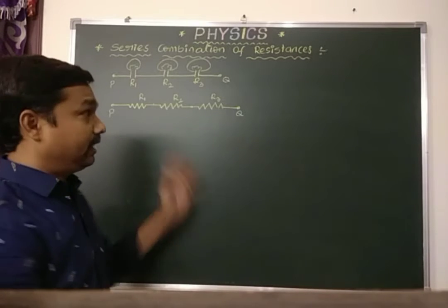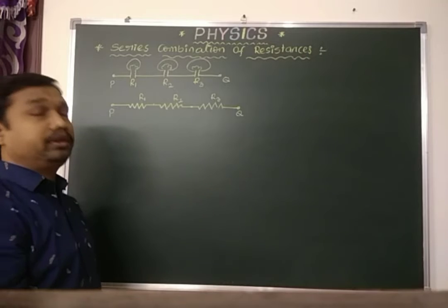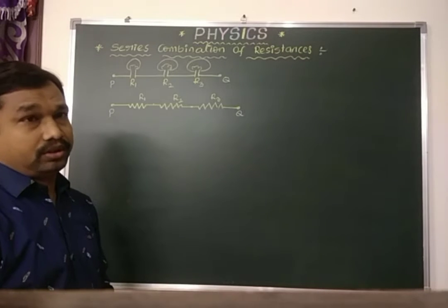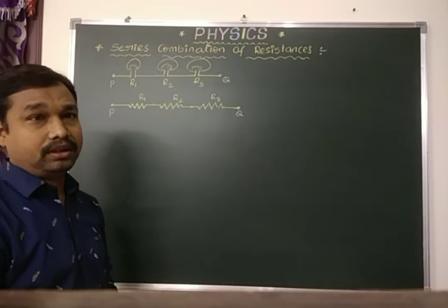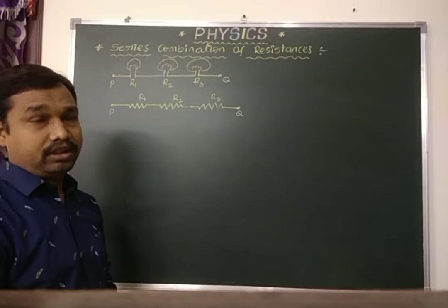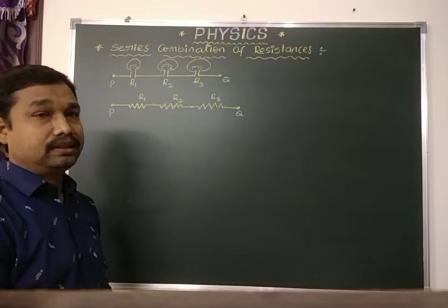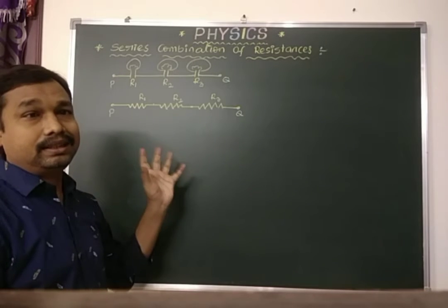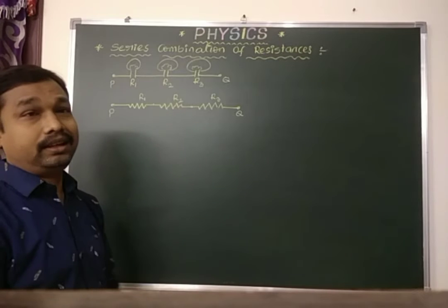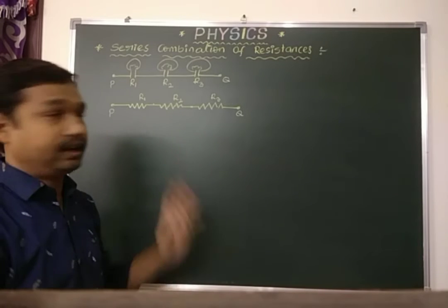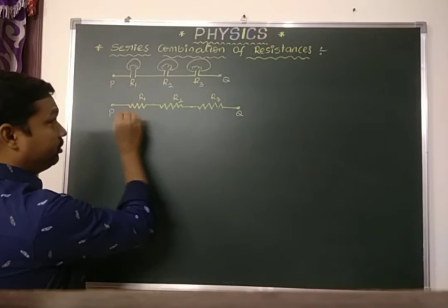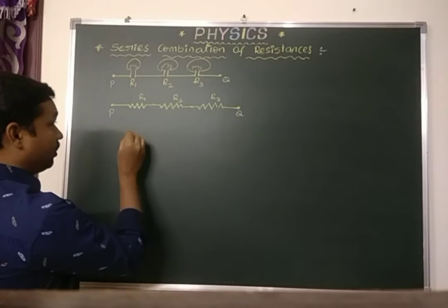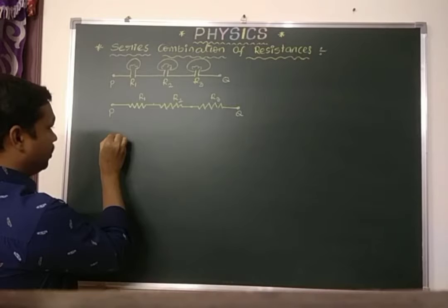Now I am going to connect this series combination with the battery through a switch. What changes happen? What about the current passing through all these resistances? What is the potential and what is the resistance offered by these three resistances? We are going to find out. I am connecting them with a cell or a battery.